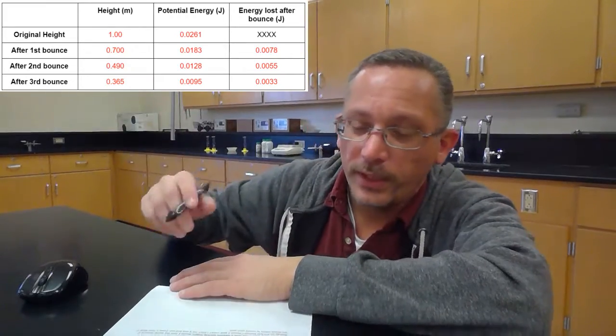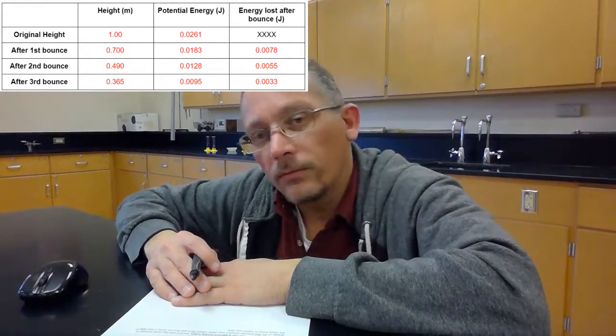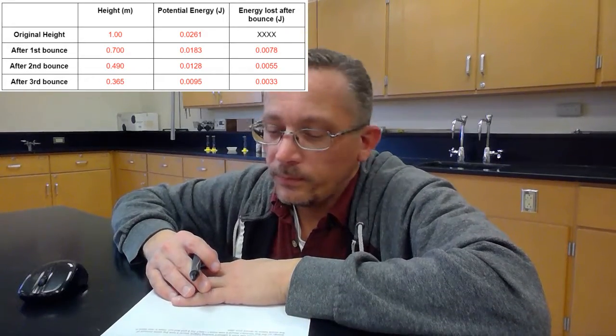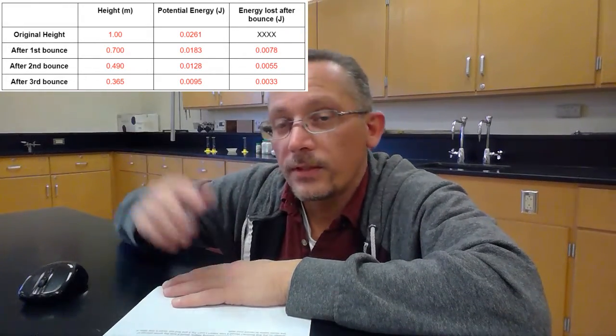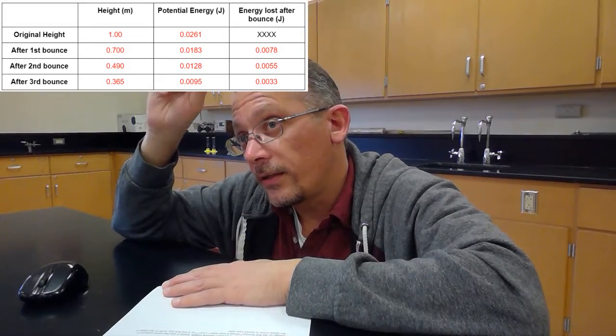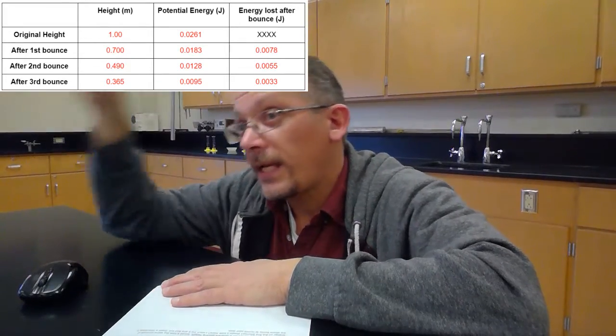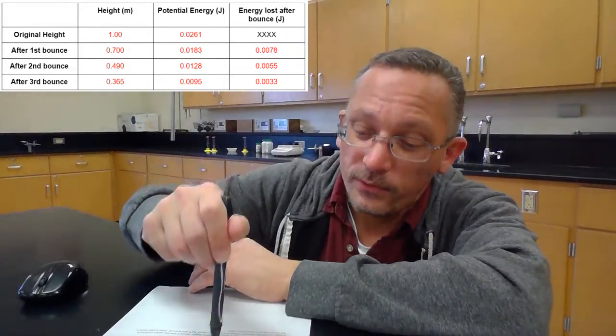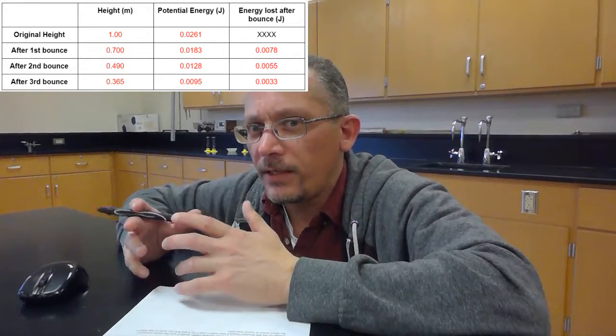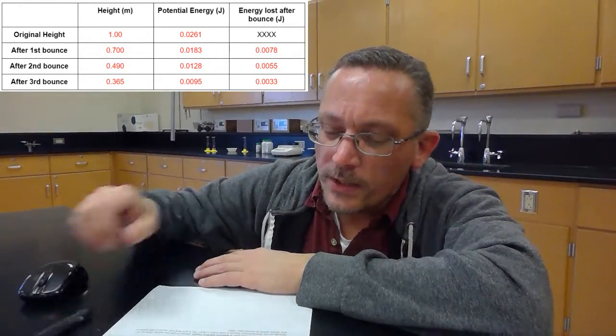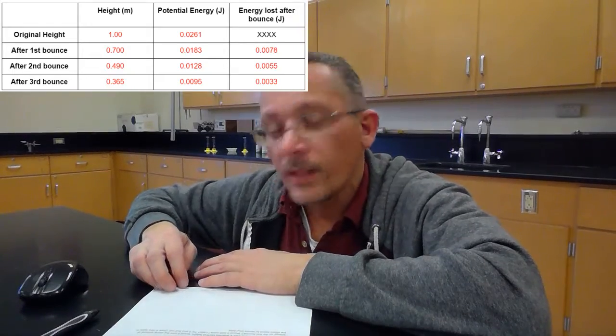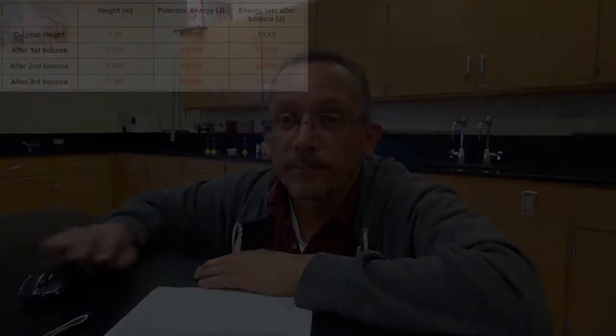Because it would be like having started after the second bounce. So I would say no, it would not lose the same amount after the first bounce, because then the first bounce for that case would be like the second bounce for this case, if I'm making any sense there. So for number 9, I would say no, it would not lose the same amount of energy.